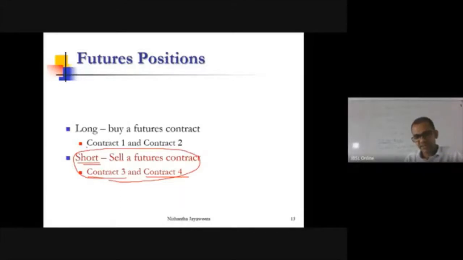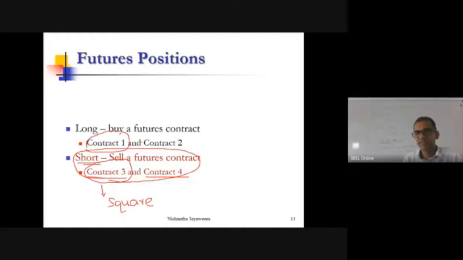But having the previous contract 1, by entering into contract 3, the second transaction, you are moving into a square position. That means you don't have any exposure to the futures market. You bought it here and you sold it here, then you don't have any exposure.